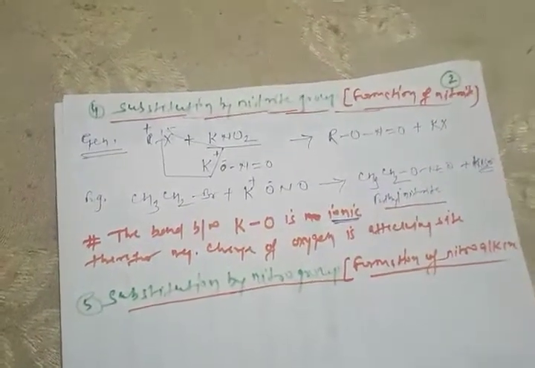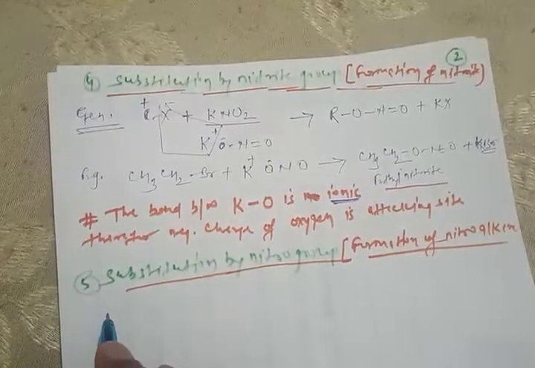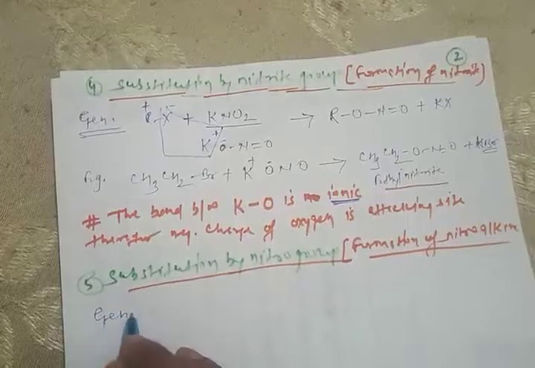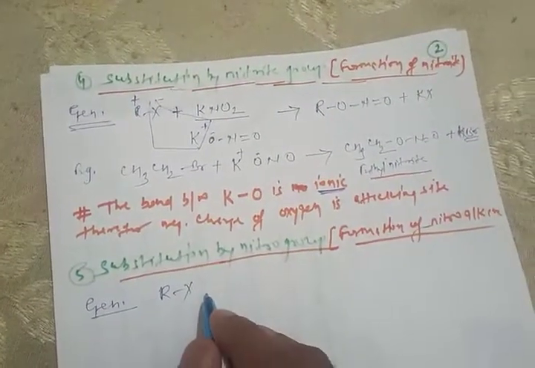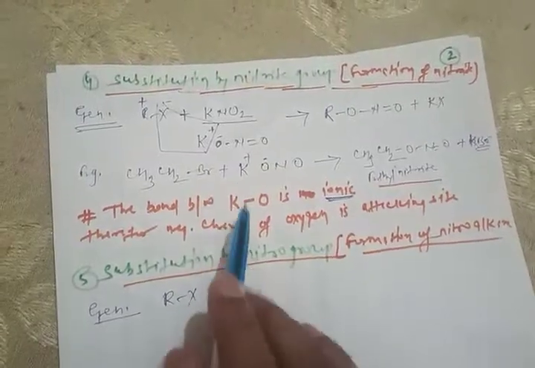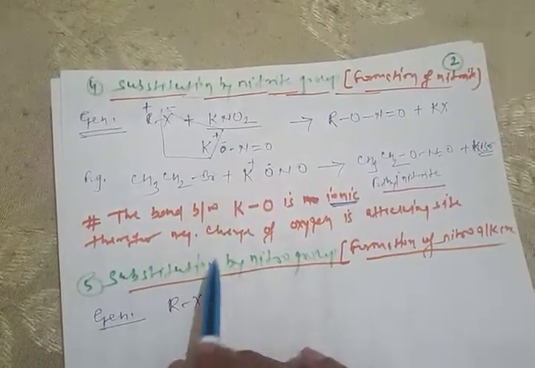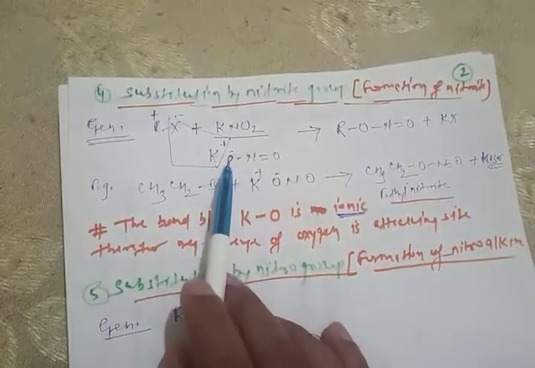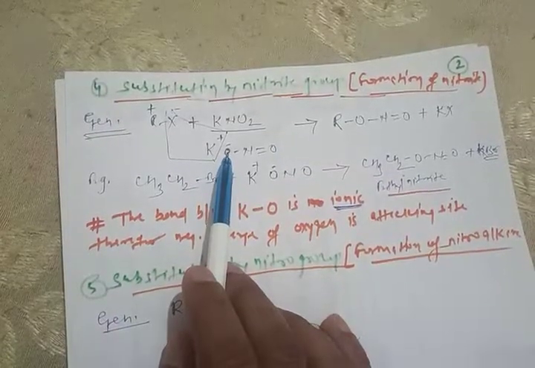Let's see the difference. Again we have a general reaction first: RX, and here we require a nitrite. This is also a nitrite, but what is the difference? Here the incoming attacking reagent attacks with oxygen.